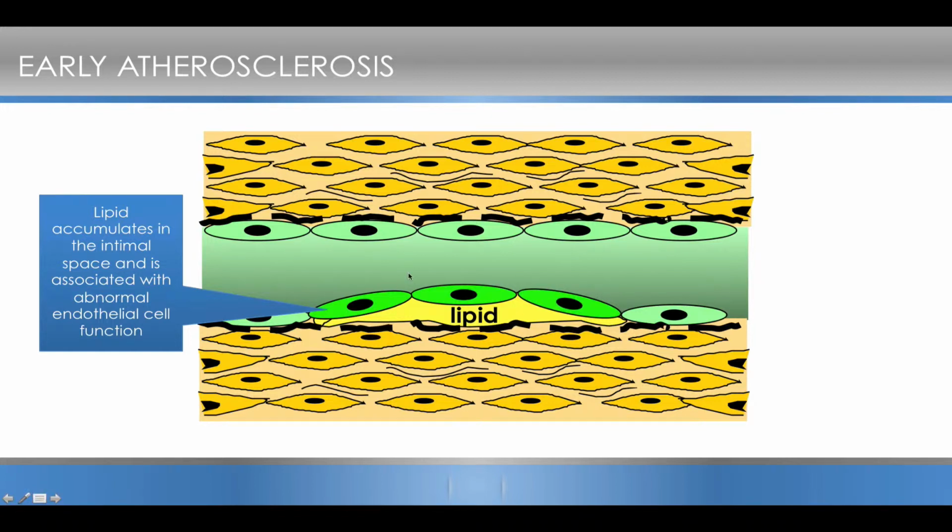This has the net effect of allowing lipid to percolate through the gap junctions between endothelial cells and cause endothelial cell dysfunction, shown here in the darker shade of green. The lipid, once it accumulates in the subintimal space, sits just underneath these endothelial cells.